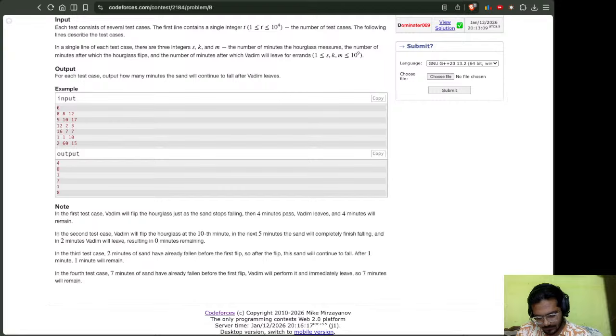Flip time was more than wait time, so we just subtract from last.